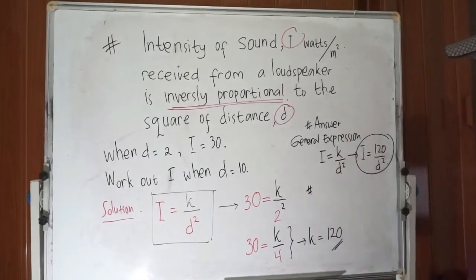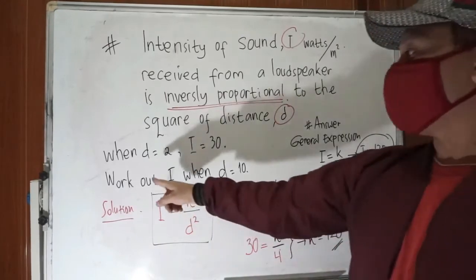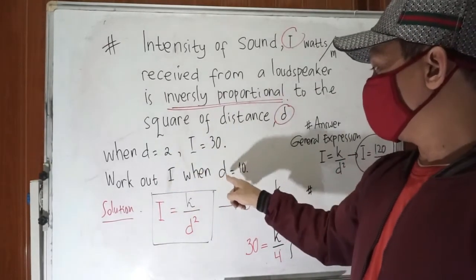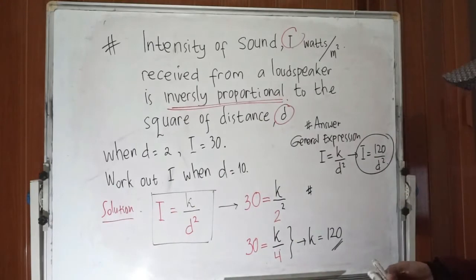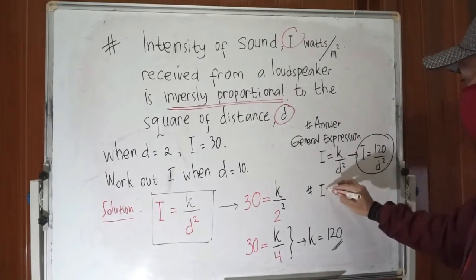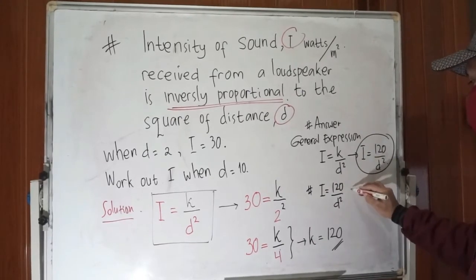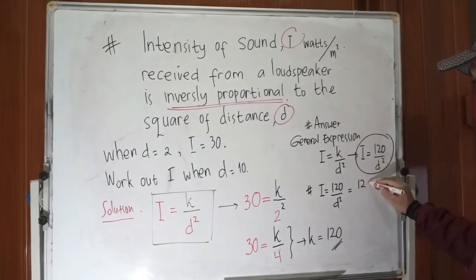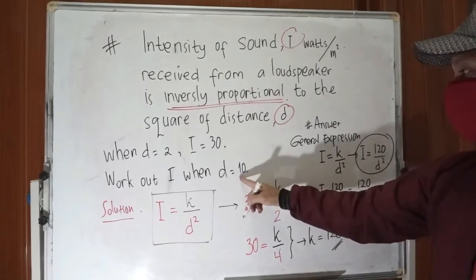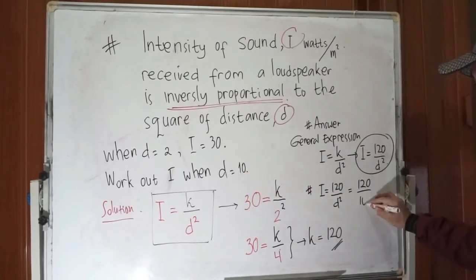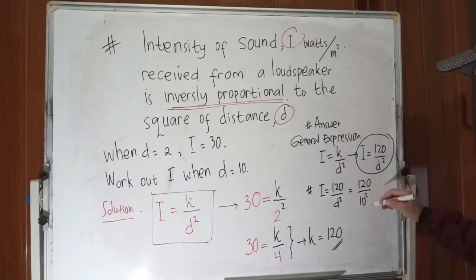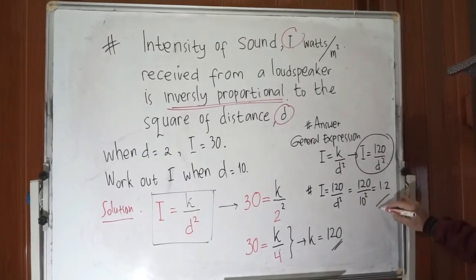Next, part b: work out I when d equals 10. So I equals 120 over d squared, which means 120 over 10 squared. So I is 1.2.